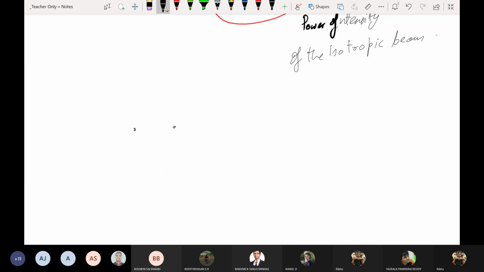So suppose you have these point sources, isotropic antennas. Now this is transmitting some signal, e to the power j phi, and so on.